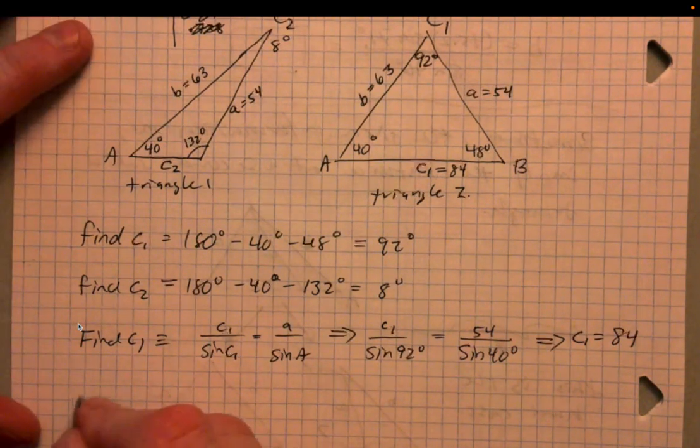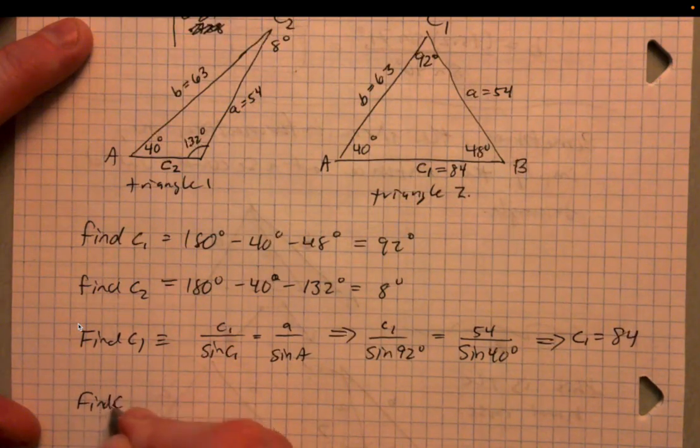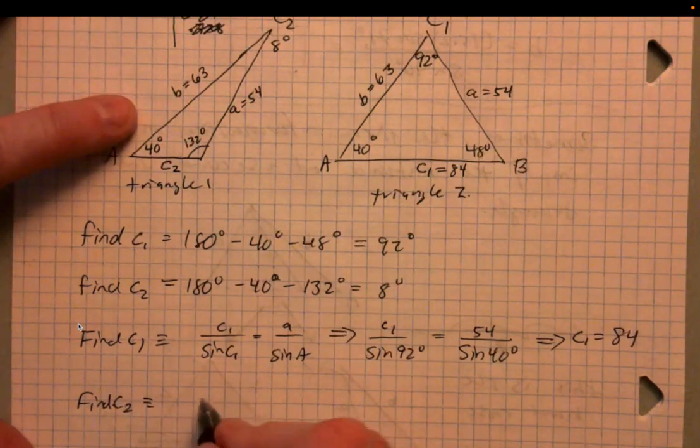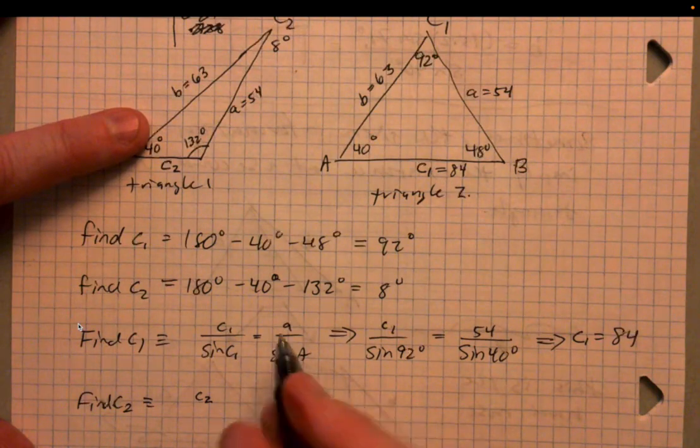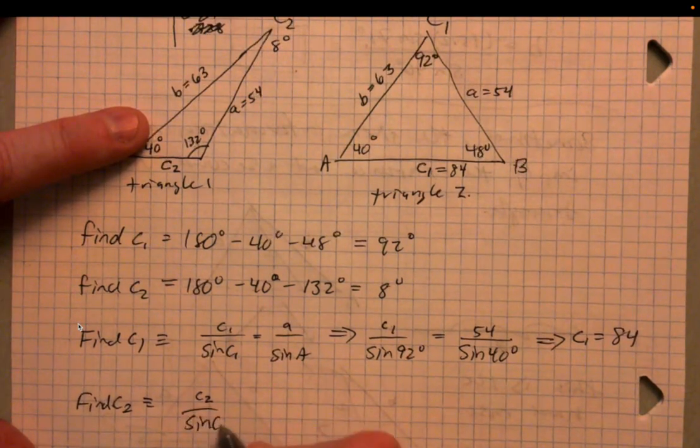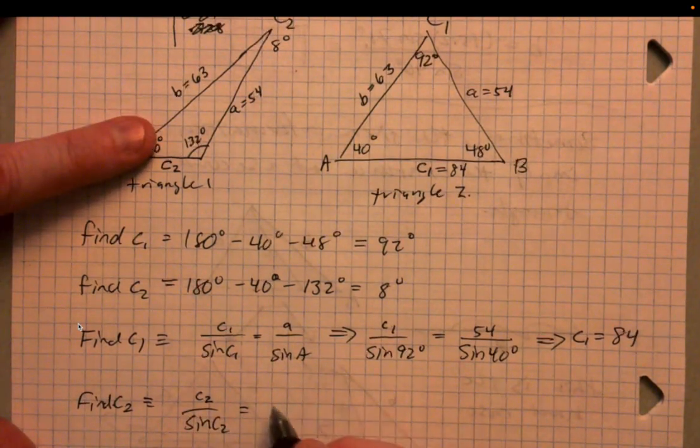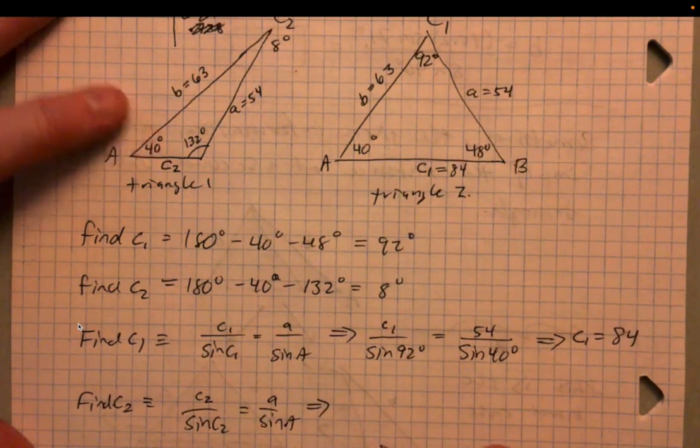And finally, we can find c2. So again, we'll use c2 over sine of C2 equals a over sine of A. I can plug everything in.